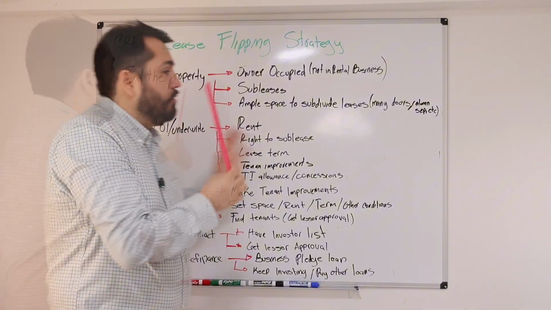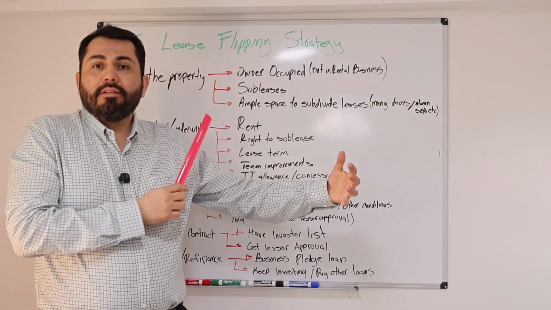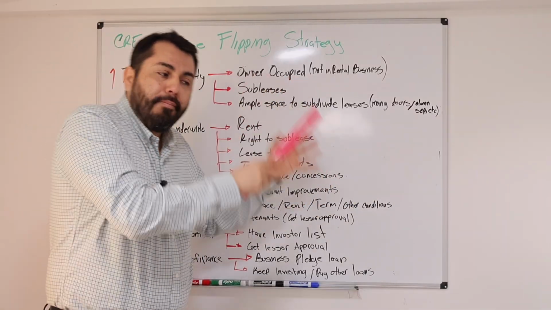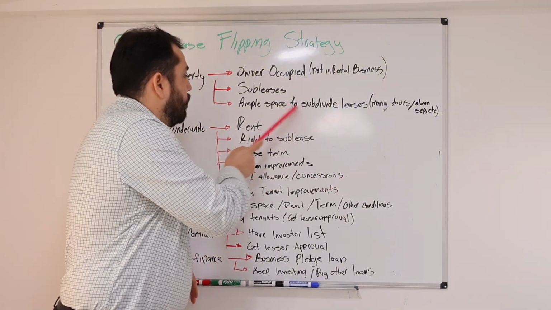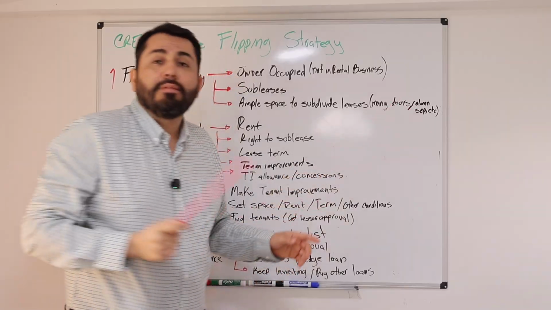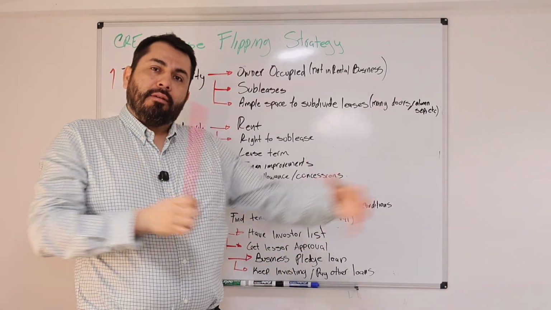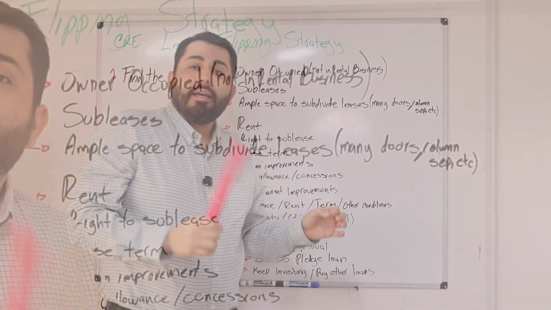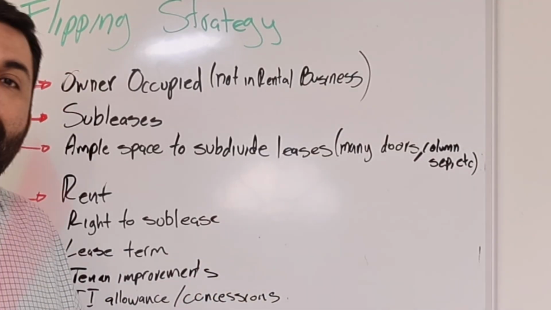And when you see the property, you also want to filter for ample space. You want a lot of space so you can subdivide and rent it out to multiple tenants. Also, when you see this space, you have to find out if it has many doors. For example, if you want to rent one big warehouse and subdivide it into, say, 5 leases, you need at least 1 door per lease.